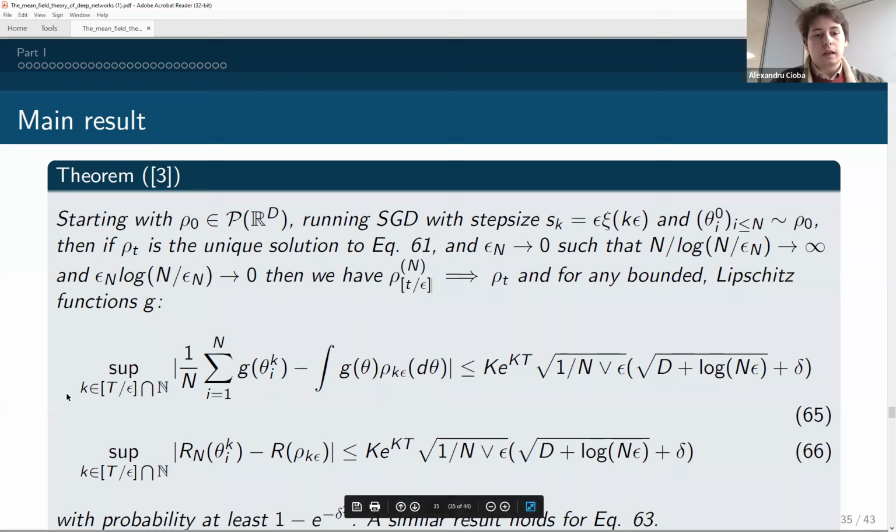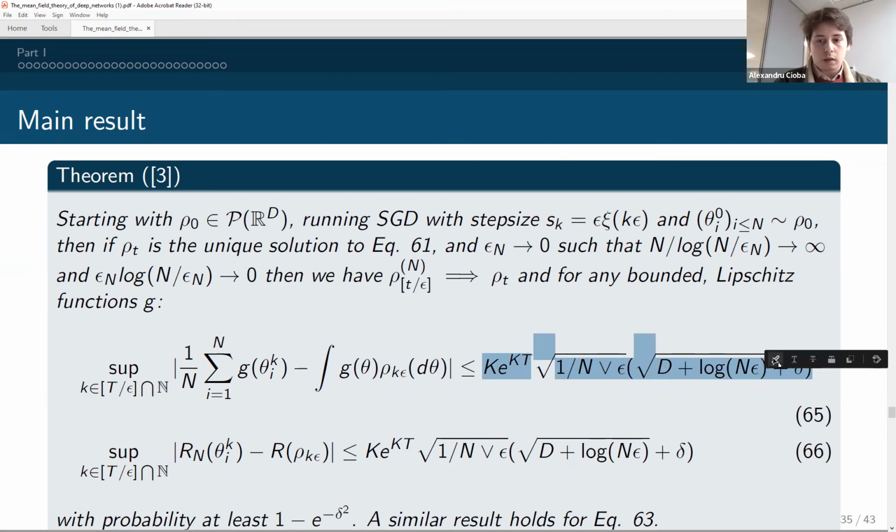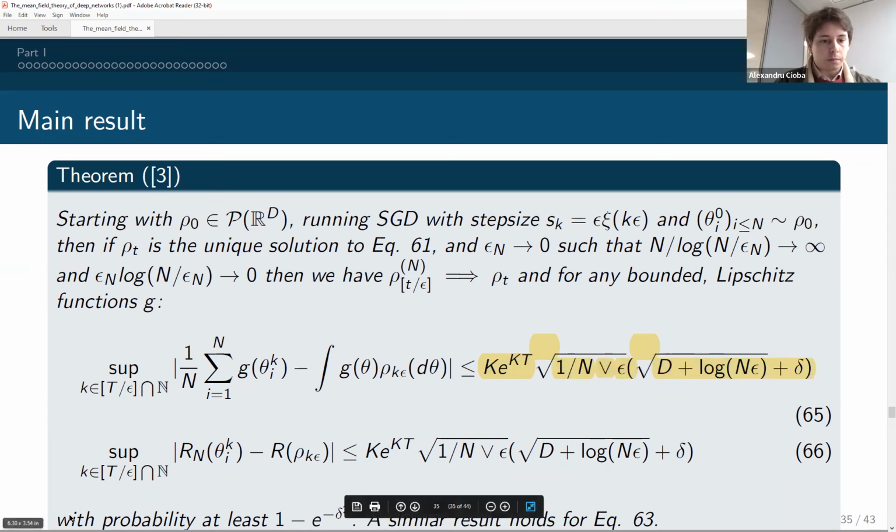So the idea here is that the supremum over all steps up to a certain capital T of the differences between the empirical quantities and the equivalent distributional solution integral versions, both in any bounded Lipschitz function or in the risk itself, are bounded above by this quantity here with high probability.